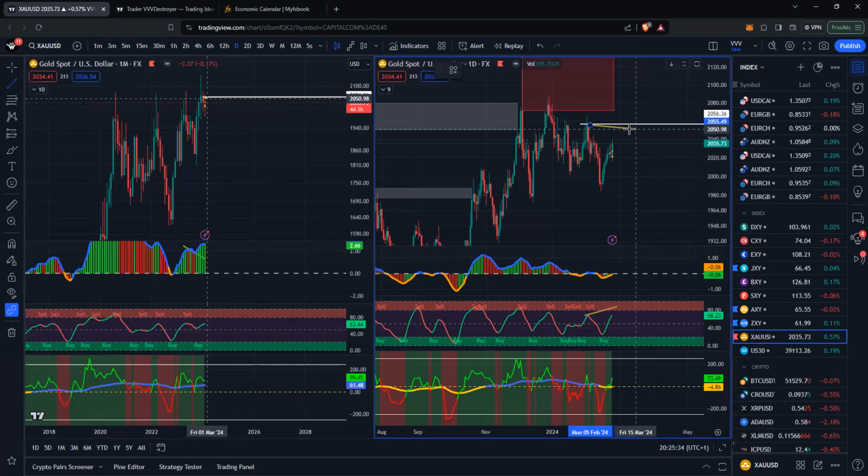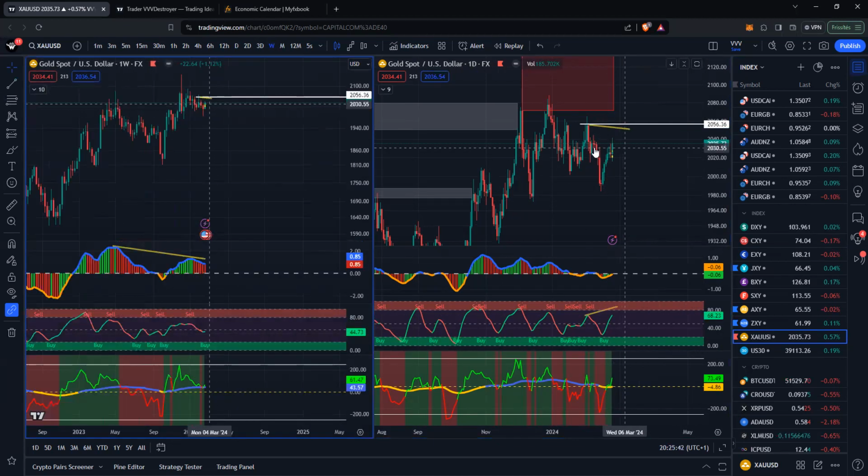But right now, don't fight the momentum. Like it's just going to the upside right now. Okay, so don't count yet on the sell. Go with the momentum of the buy, because as you see, there is buy, there is green everywhere. This is above the zero line. So don't fight that momentum.